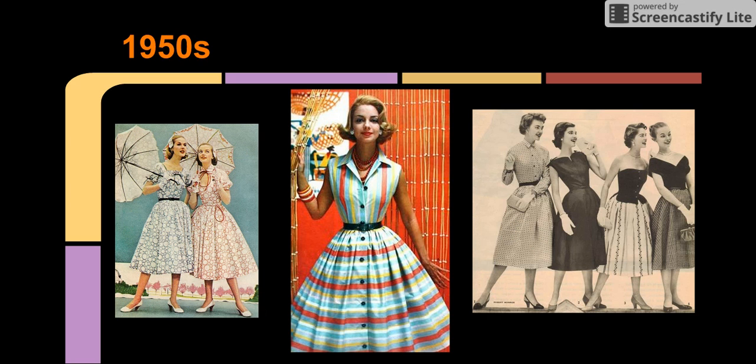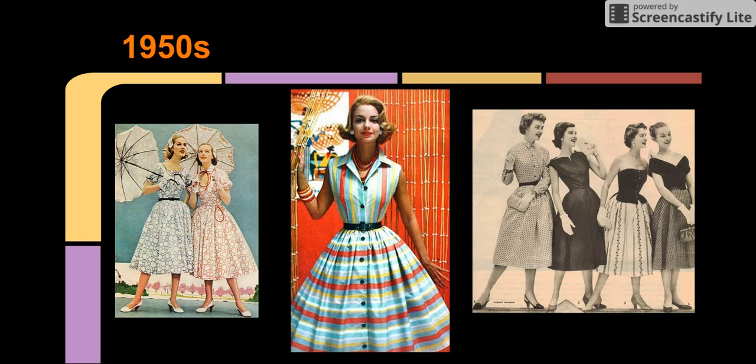The 1950s. Here you can see that it was played up with texture and color a lot differently than you saw in previous decades. You see a lot of bright colors in here, and this is more of the quote-unquote housewives. If you've ever watched the show Mad Men, this is exactly where it's taking place.